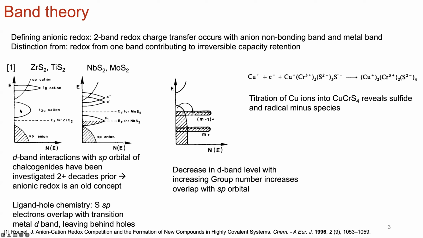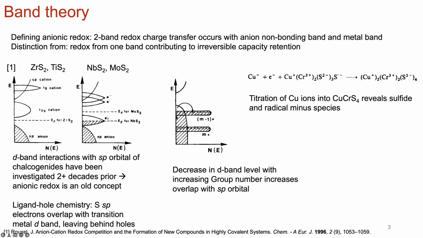So here you see not that much separation. In fact, the sp orbital can overlap with that of, let's say, the transition metal as you go from 3D, titanium, so the 3D, down to 4D. Okay.